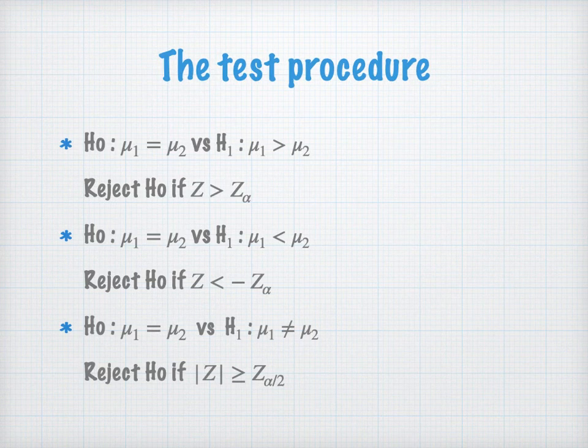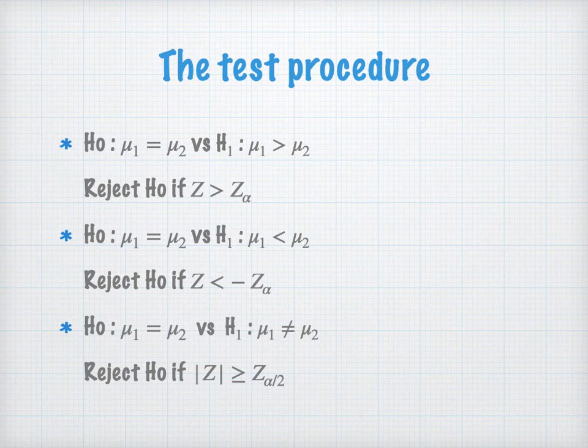So the test procedure is very much similar to that of the one sample Z test. Here also we take a decision based on what the alternative is. For the first case, H0 mu1 equal to mu2 versus H1 mu1 greater than mu2, we reject H0 if Z is greater than Z alpha.